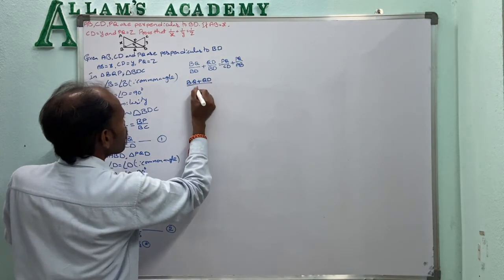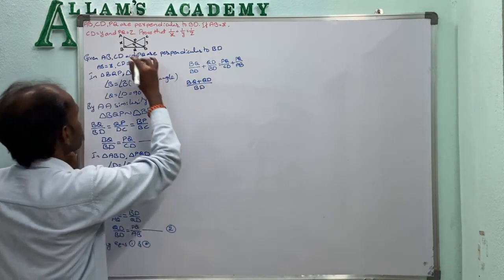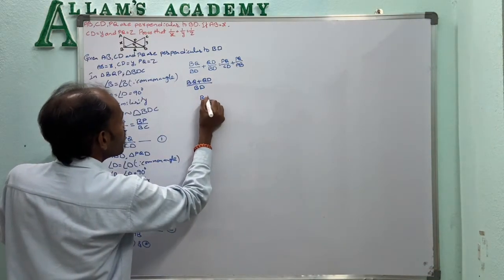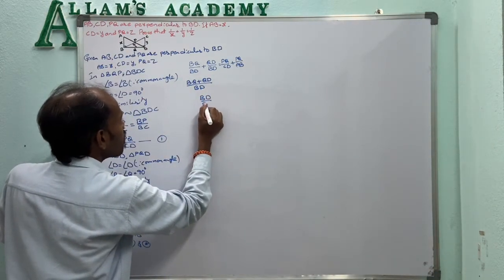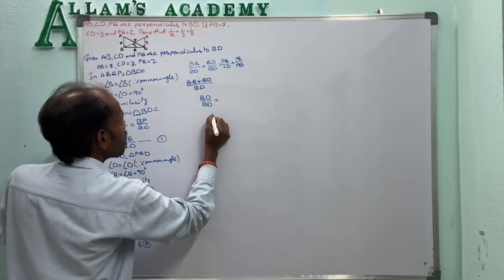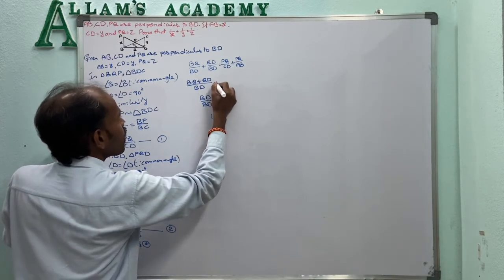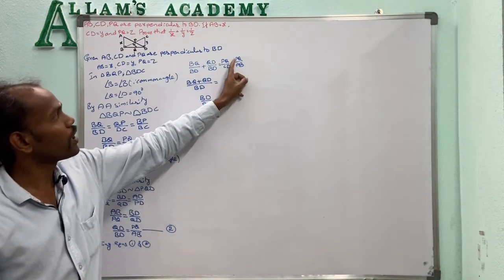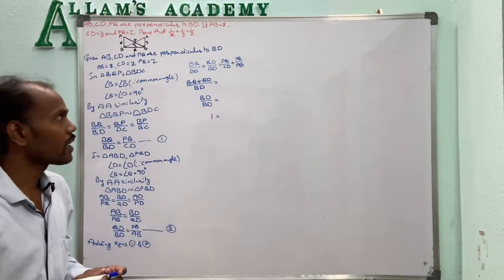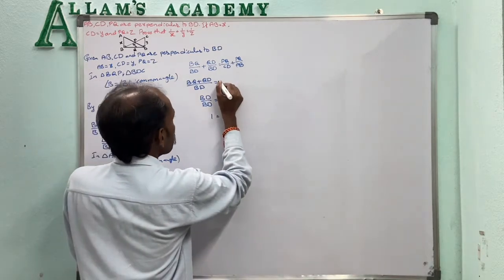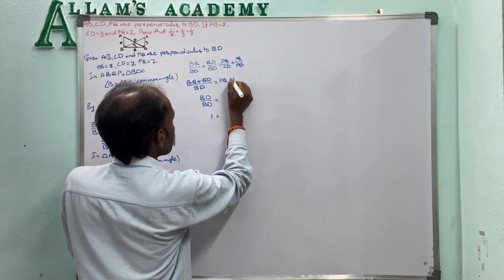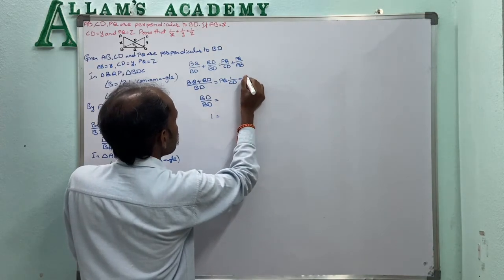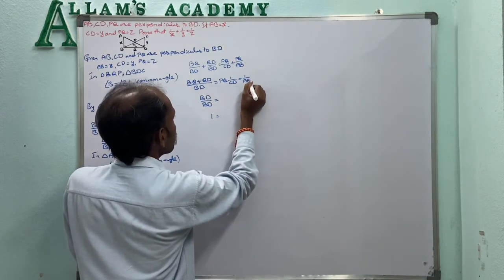BQ plus QD is nothing but the total side BD. So BD by BD is nothing but 1. Now on the right side PQ is the common numerator. So taking PQ common, we can write 1 by CD plus 1 by AB.